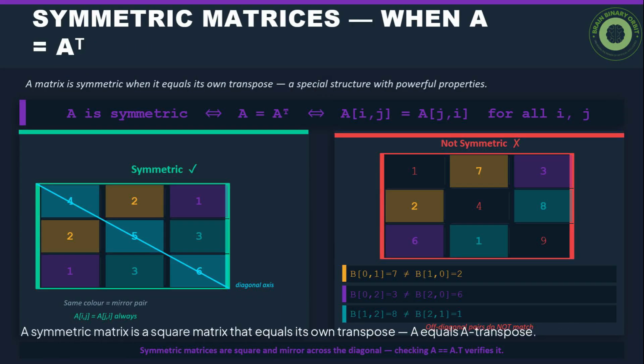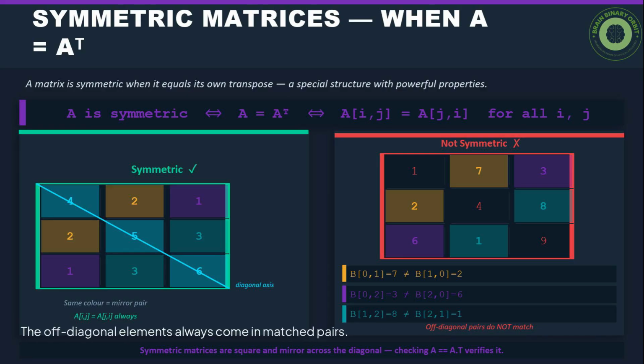A symmetric matrix is a square matrix that equals its own transpose. A equals A transpose. Equivalently, A at row i column j always equals A at row j column i. Visually, the matrix is a mirror image of itself across the main diagonal. The diagonal elements can be anything, they are their own transpose.